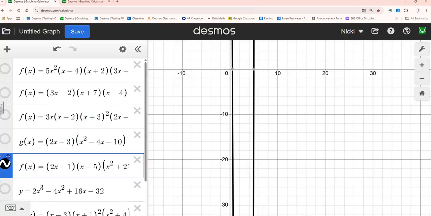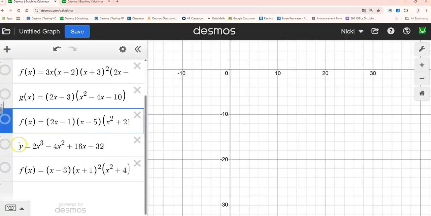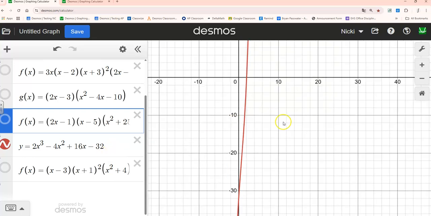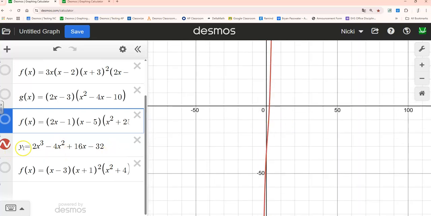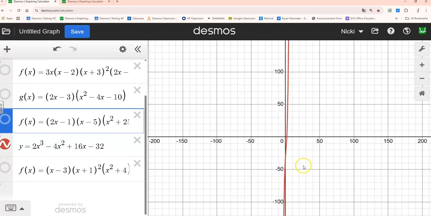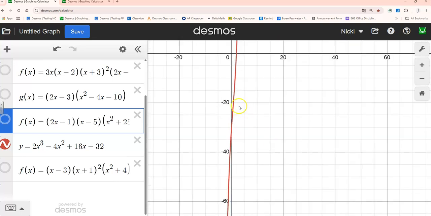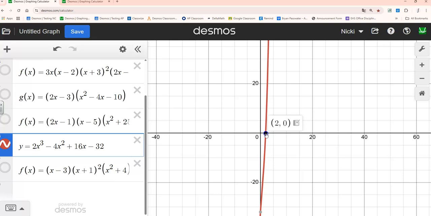So if I look at the graph for that one, I have it already typed in here. So the graph of 2x to the third minus 4x squared plus 16x minus 32 just looks like this. And if you zoom out, you can't find another 0. It's just got a single 0 right here at 2.